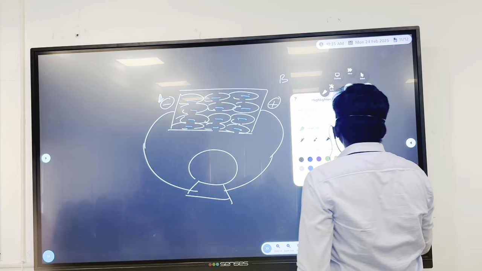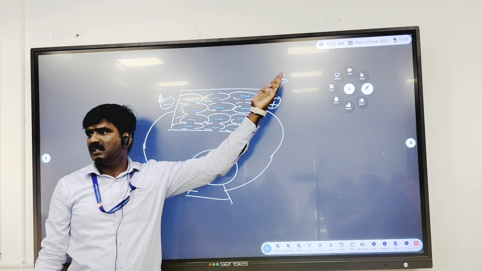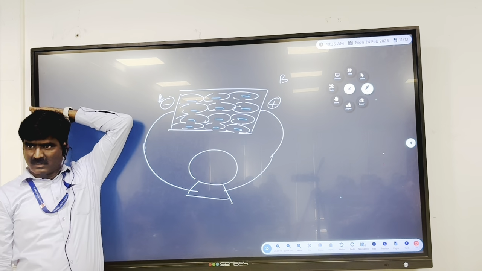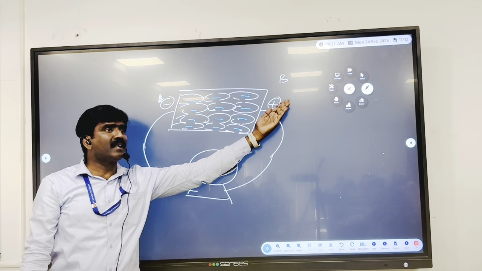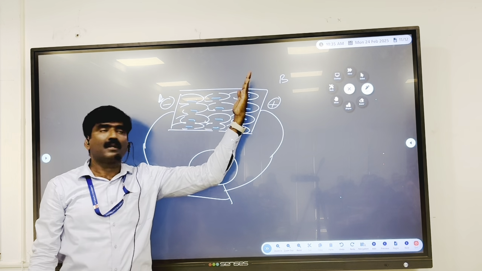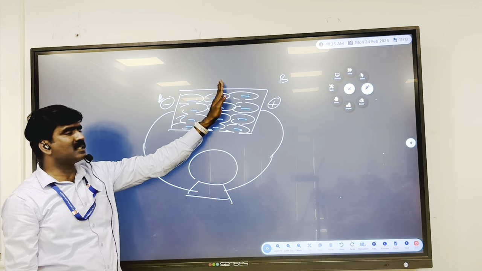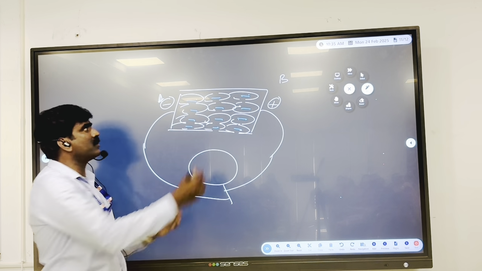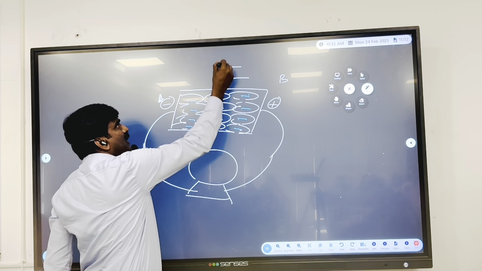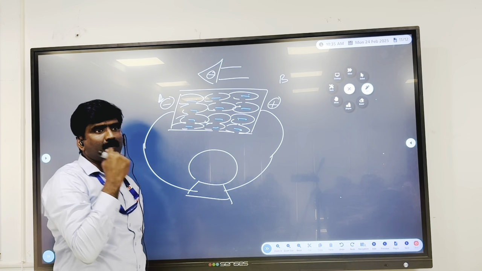So what is happening here? The negative wave is moving in this direction. Previously the positive wave was moving in this direction. Now first this has become negative, second this has become negative, third this has become negative. The negative wave is moving in this direction.